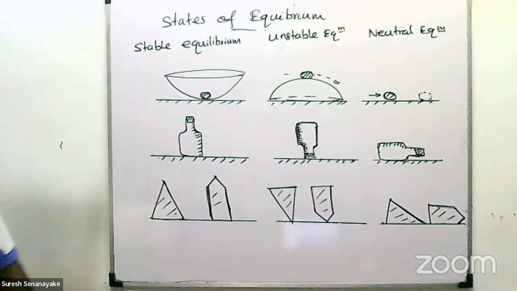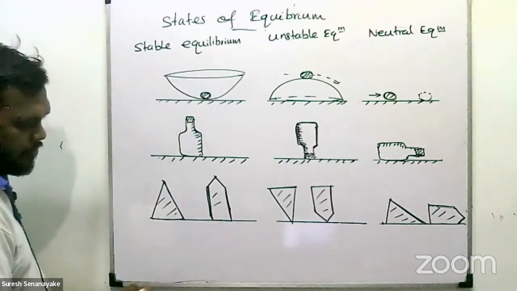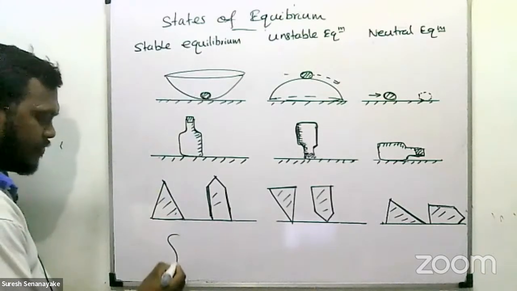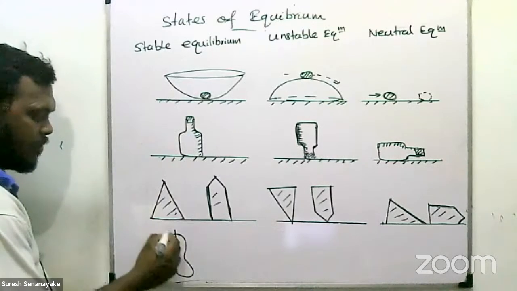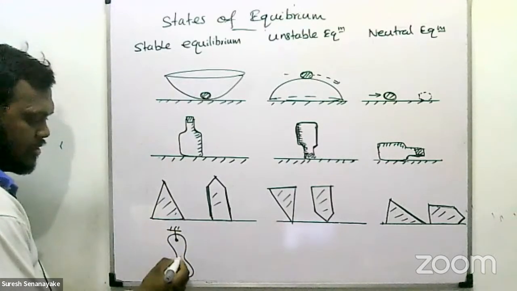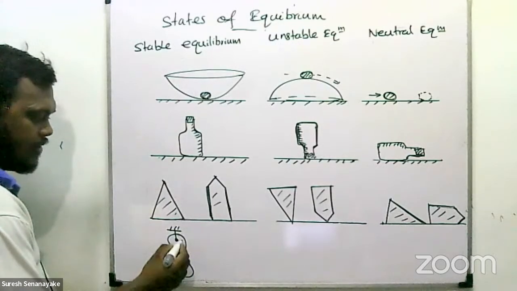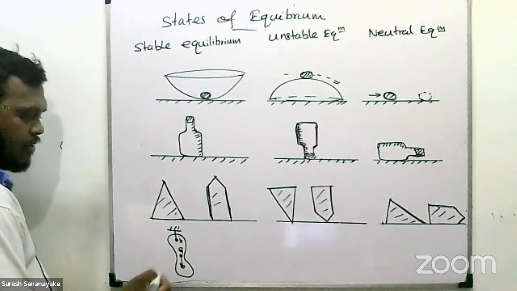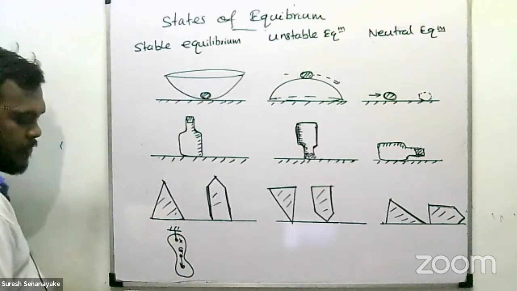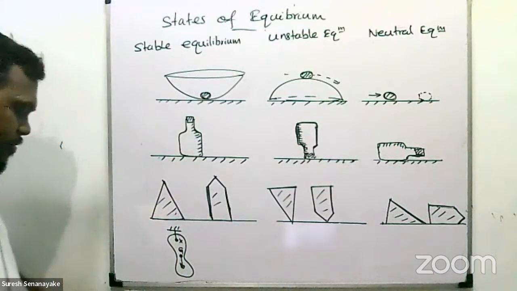Both sides different bodies. Now another one: you hang a body at this point. This is the center of gravity. If the center of gravity is just below the point from which the body is hung, it is in equilibrium, so it's stable equilibrium.